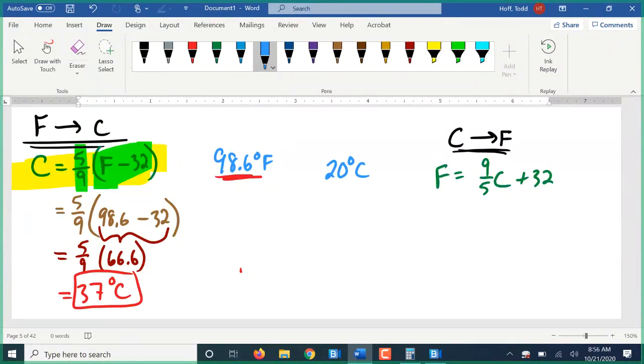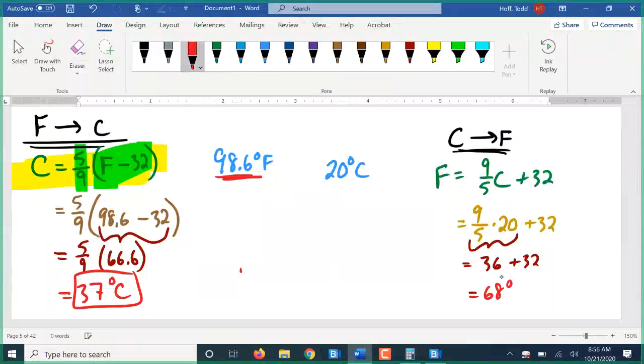To see what that's going to equal, we put 20 in for C, and it's an order of operations problem again. 9/5 times 20 is 36. 36 plus 32 is 68 degrees. 20 degrees Celsius is equivalent to 68 degrees Fahrenheit. I would take that temperature any day.